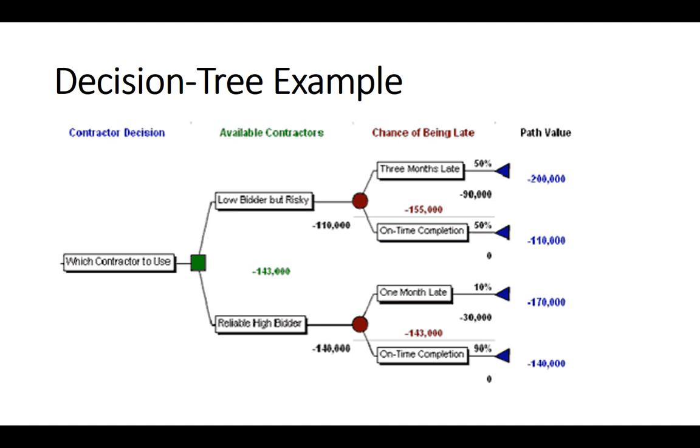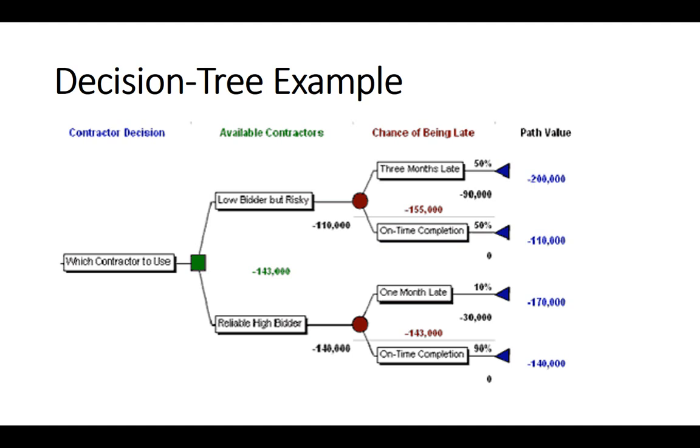And you determine, based on the value of the rent or other values that you have with respect to that project, that extra 3 months could cost you upwards of $90,000 indirectly or directly, as the case may be, depending on the ability to recruit a client. And so as a result, there's a 50% chance with that bidder that you could end up with the total project cost being upwards of $200,000 or more.